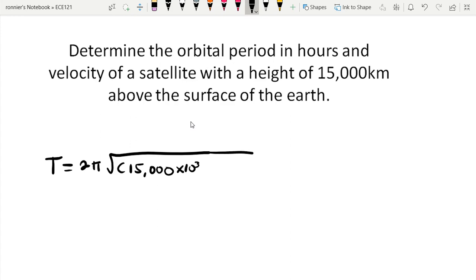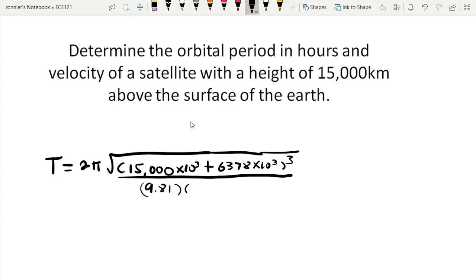positive 3 plus radius 6378 times 10 to the positive 3 cubed divided by 9.81 meter per second squared times the radius, which is 6378 times 10 to the positive 3 squared.